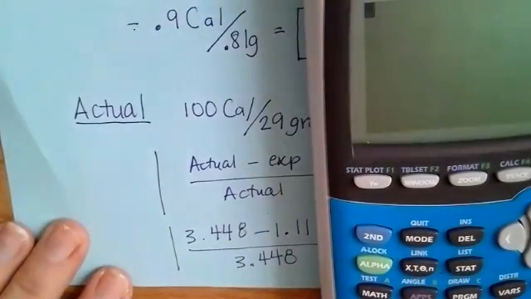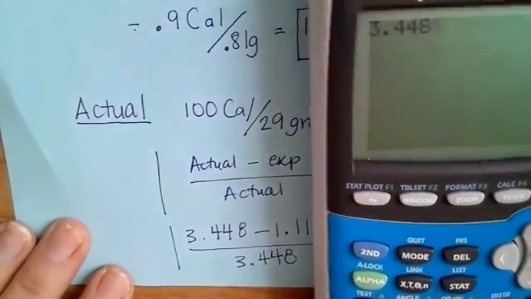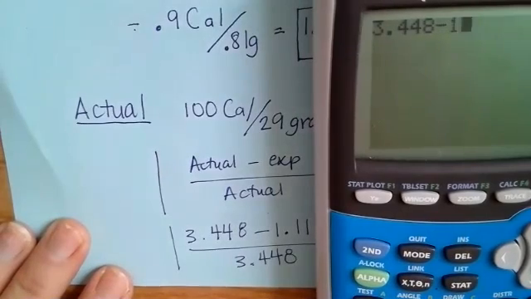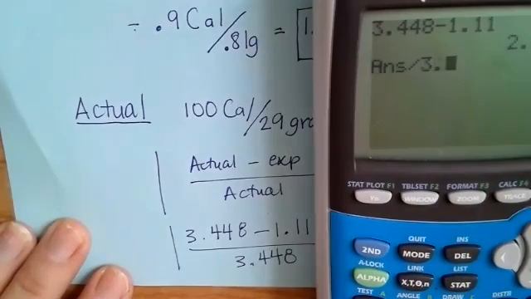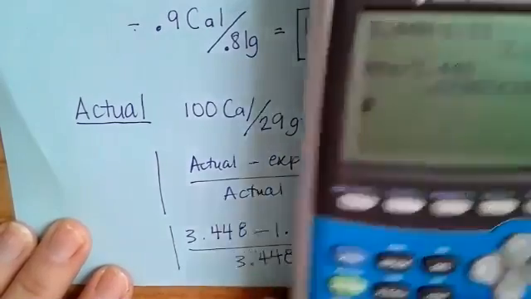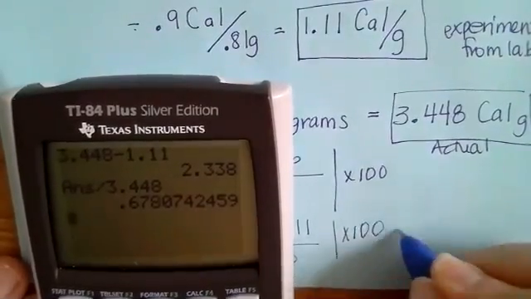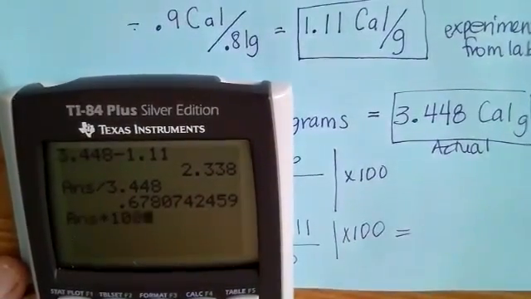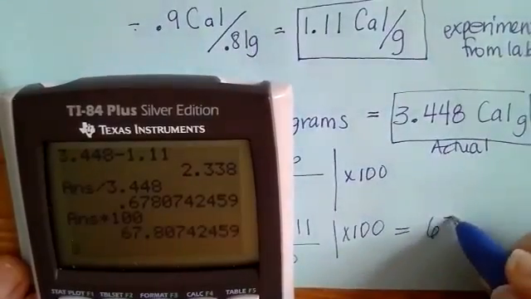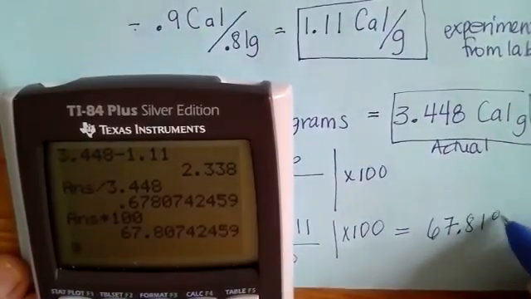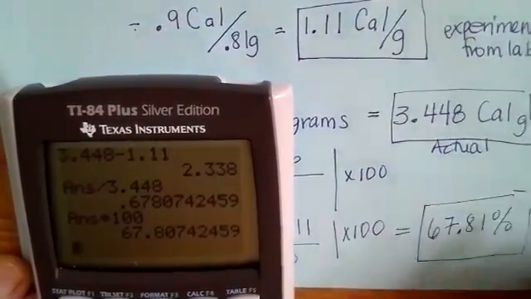I'll type in 3.448 minus 1.11, and then divide by 3.448. And I get this decimal value. And then don't forget, you have to move the decimal over to get the percent, multiply by 100, and you get 67.81%. And that's the error.